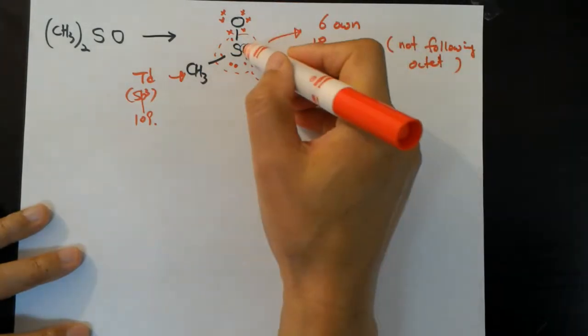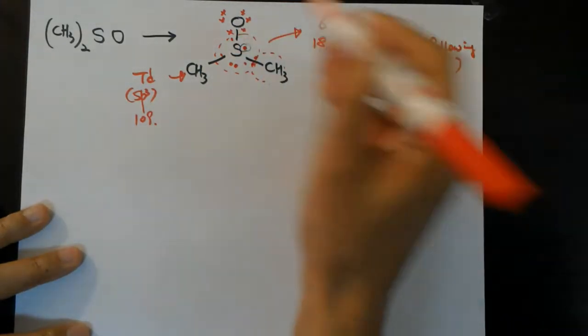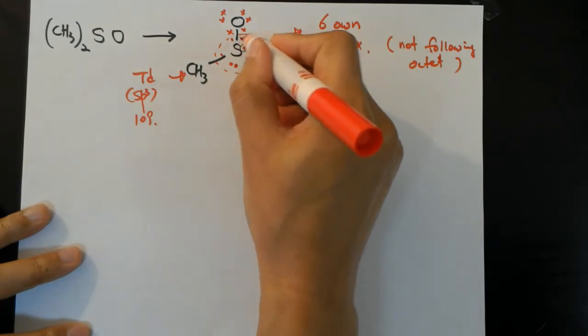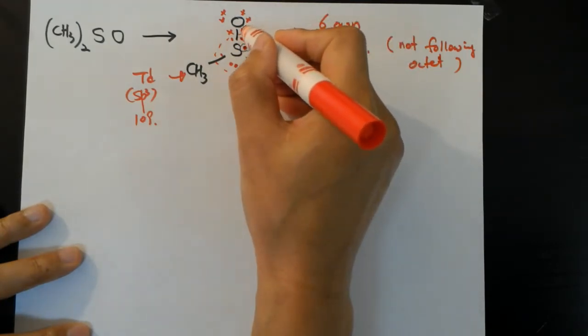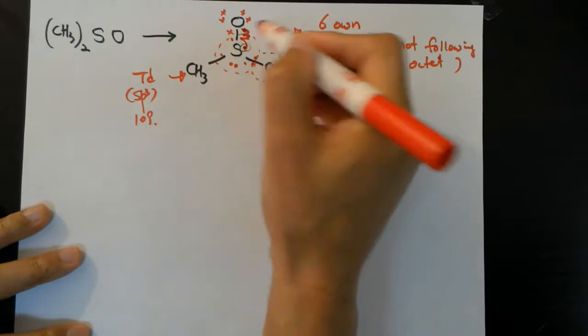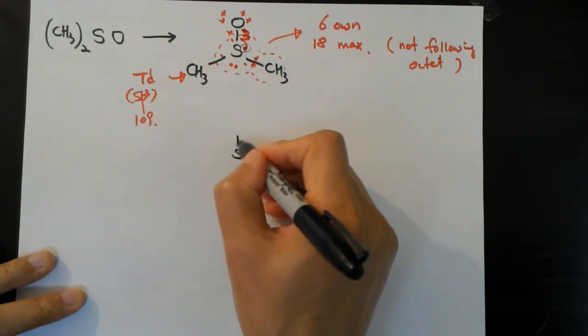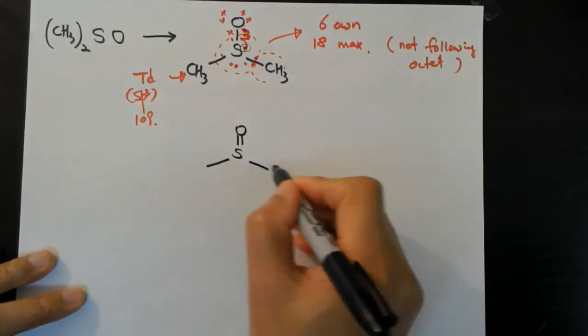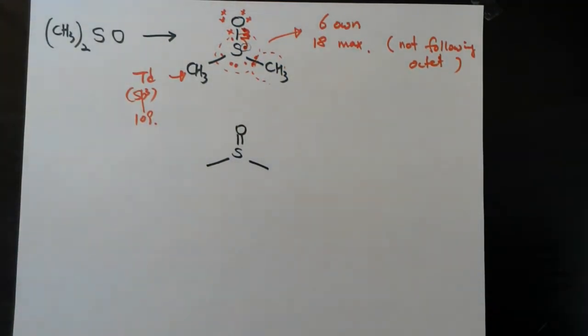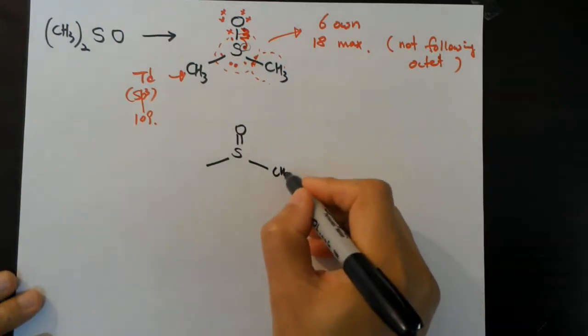But what about with the oxygen? When you put this electron here and this one there and create another bond, let me redraw that. So yeah, this is a CH3 and CH3.